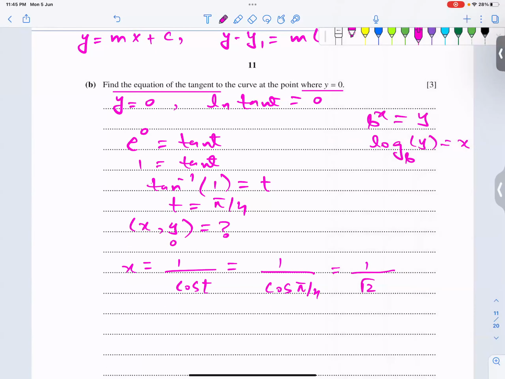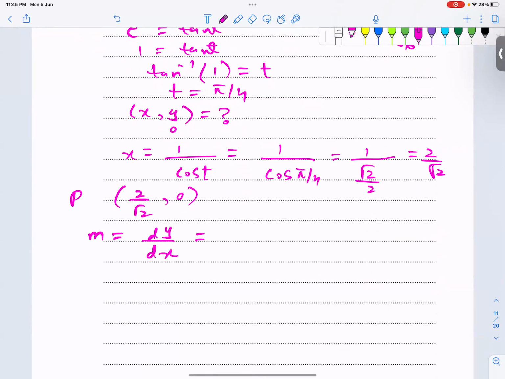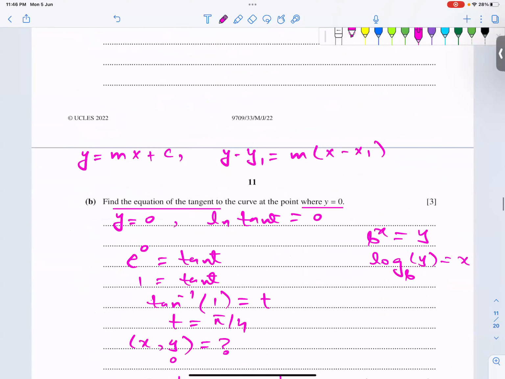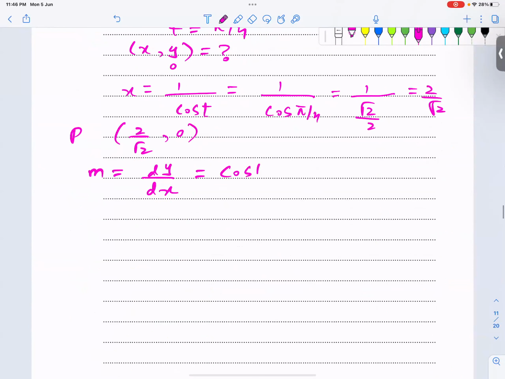m is actually dy by dx. And dy by dx was cos t over sine square t, and the value for t is equal to pi by 4. So cos of pi by 4 over sine of pi by 4, then it's square.